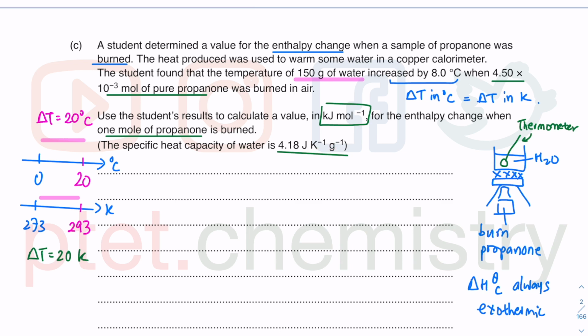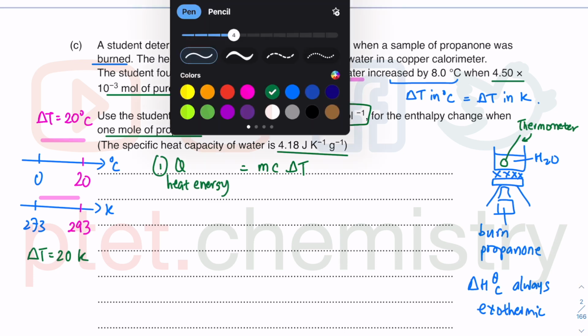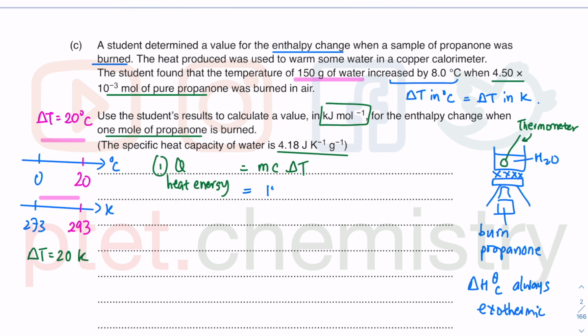Kelvin. So the first thing I can do is Q, which is heat energy. Q is equal to m c delta T. Do not ever put in the mass of solid or anything. It has got to be the mass of the water, because we are using the heat capacity of water. So we are just changing the temperature of the water.